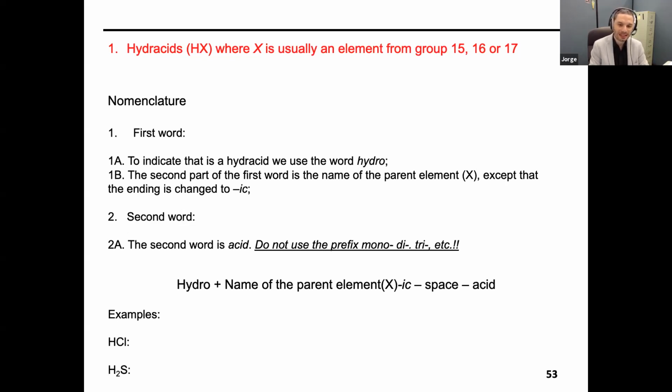When we are dealing with acids, we do not use the prefixes mono, di, tri, etc. Therefore, the name of a hydracid is going to be hydro, name of the parent element with the ending IC, space, acid. Let's do here two examples, HCl and H2S.